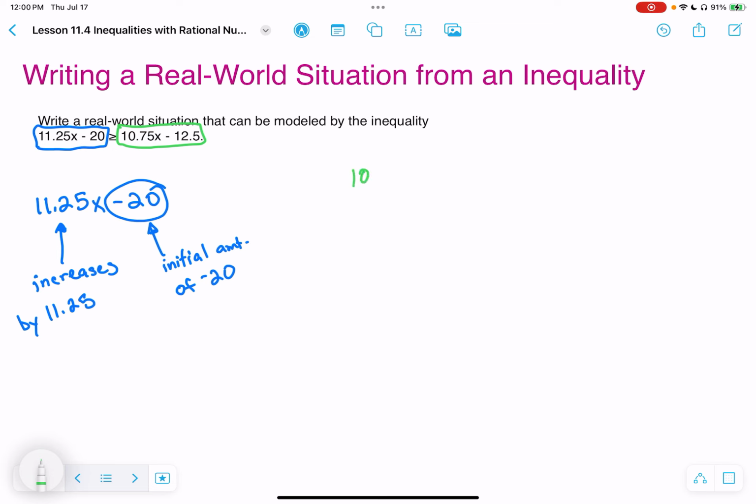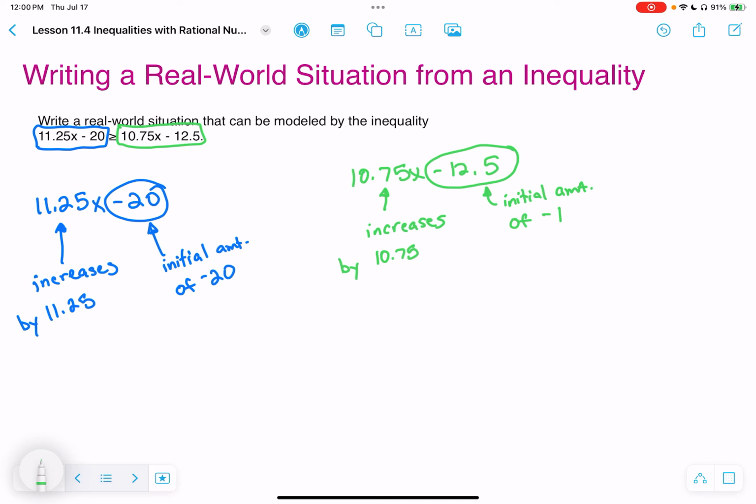10.75x minus 12.5. So this is going to be increases because again it is a positive slope, so increases by 10.75, and then initial amount of negative 12.5.